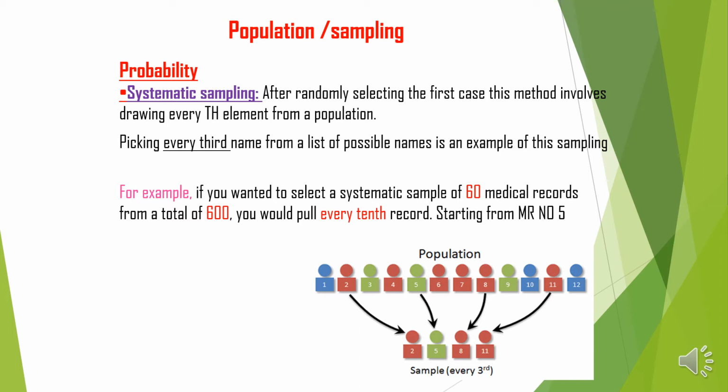Skip 6 and 7, and take number 8. Skip 9 and 10, get number 11. So now I have 4 elements. Those 4 elements are representative of the 12 total population, and I can generalize the result over the whole 12 population. This is the systematic random sample.